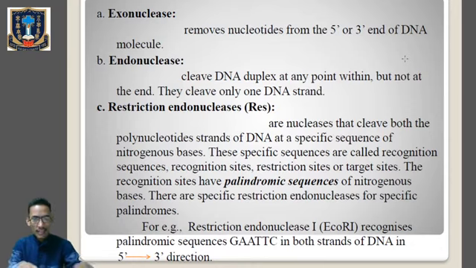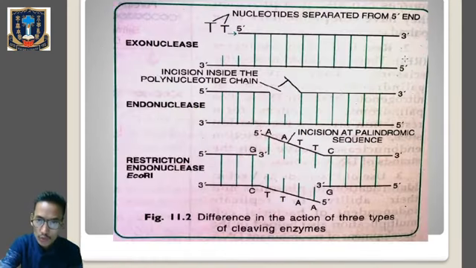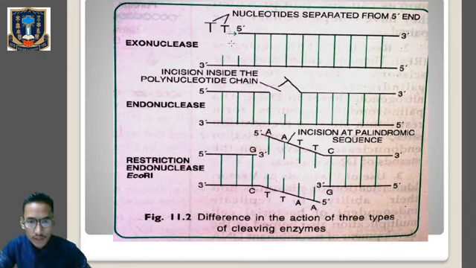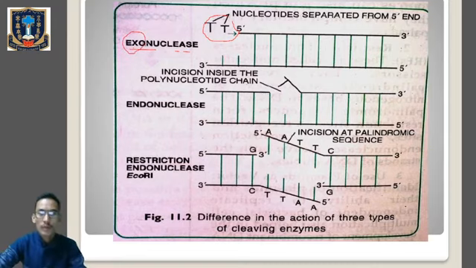So this exonuclease will remove the nucleotides from the 5' end or from the 3' end of the DNA molecule. Look at diagram 11.2. You can see over here the nucleotides are being removed from the 5' end of the DNA molecule, and this is mainly due to the activity of which enzyme? Exonuclease enzyme. Exo means outside, from the end.